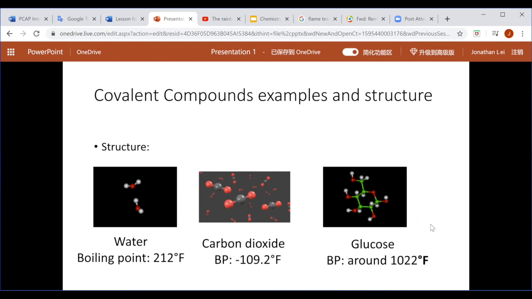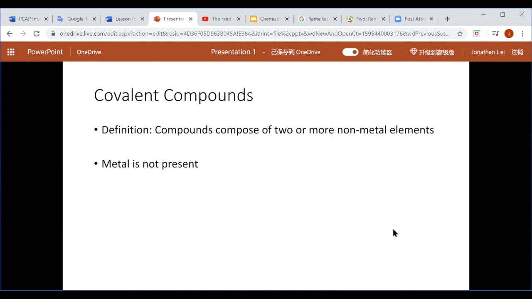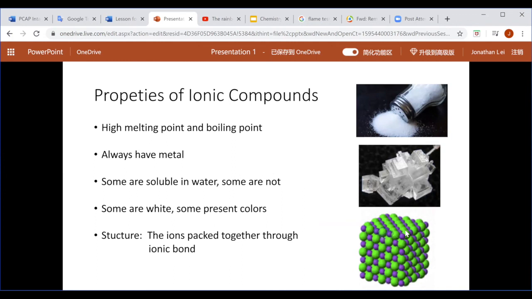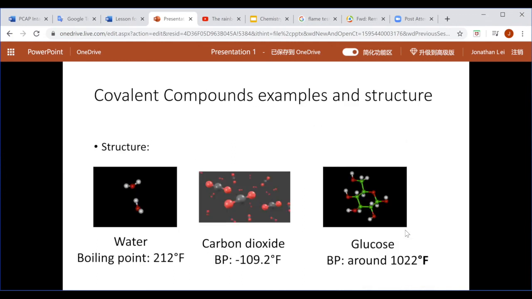Okay. So I'm also going to introduce a new term called covalent bonding. So we noticed that unlike ionic compounds, which is all the little circles packed together, there are some short lines connecting the atoms, right?